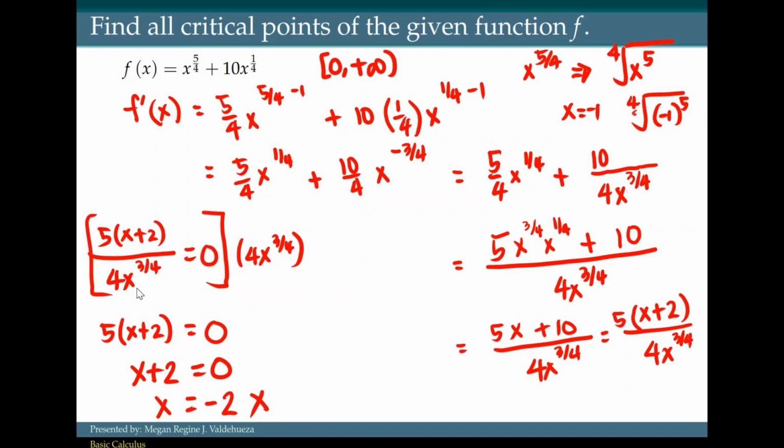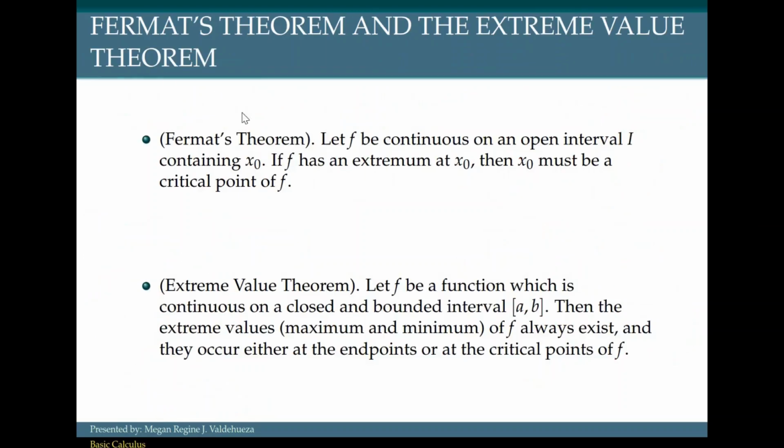So that is when the denominator is 0, right? So if we have x here equal to 0, then 4 times 0 to the power of 3 over 4 is still 0. So we only have x equal to 0 as our critical point.